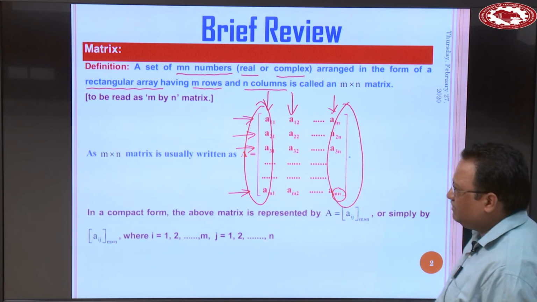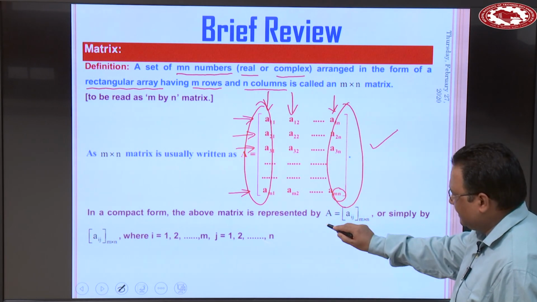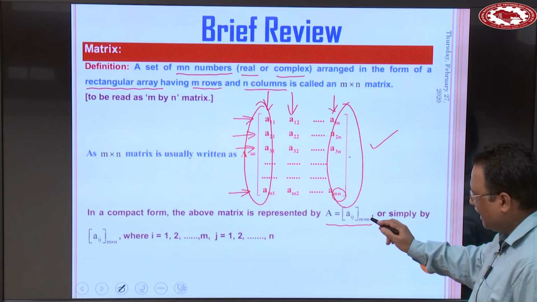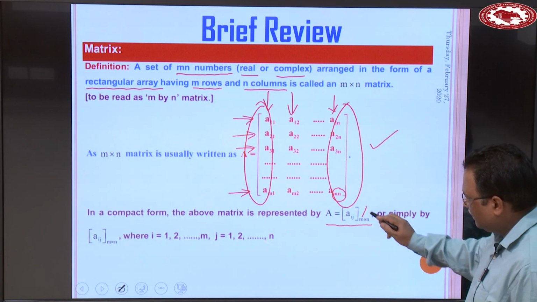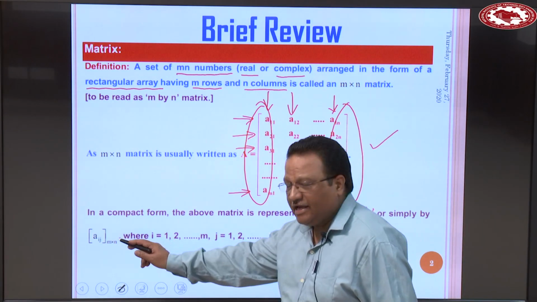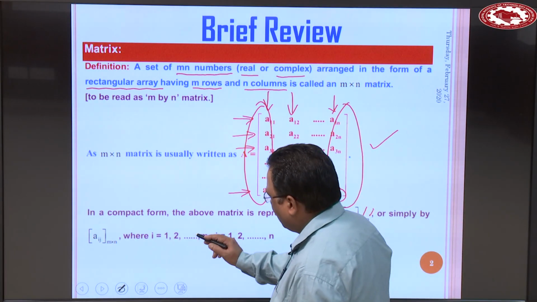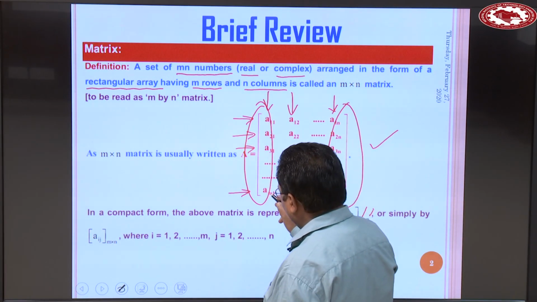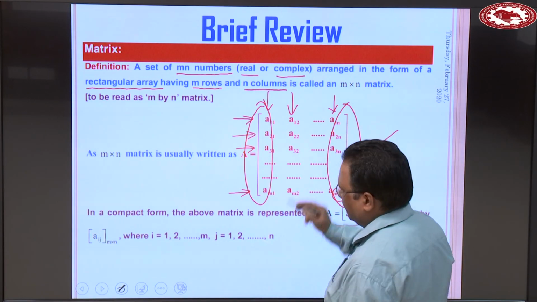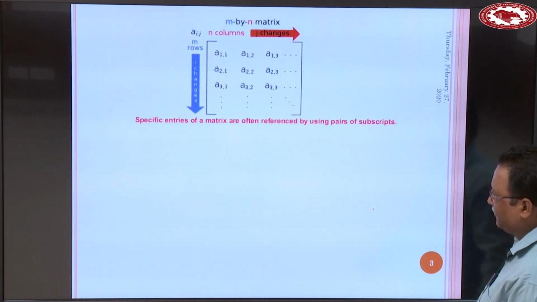In compact form, this matrix is represented by A is equal to Aij m by n, m rows and n columns, or simply Aij, where i varies from 1, 2, 3 and so on up to m, and j varies from 1, 2, 3 and so on up to n.